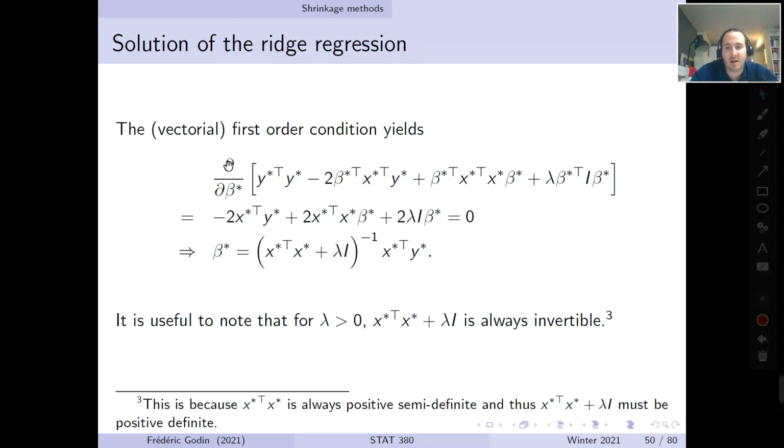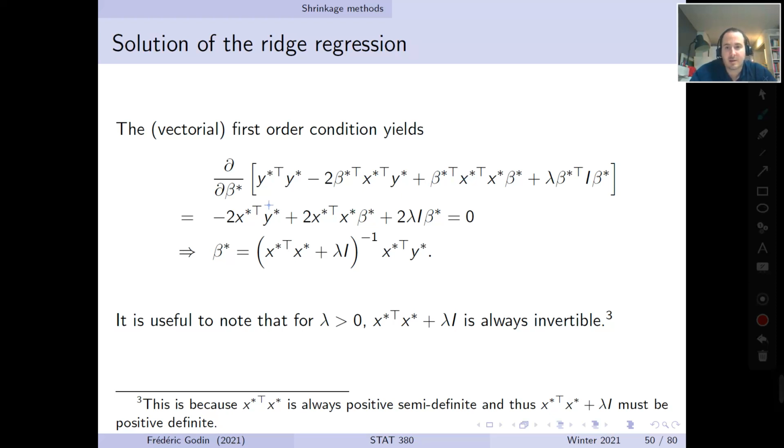And this derivative should be equal to 0, but not a scalar 0, but instead a vector of 0s, which means that derivatives with respect to all elements of beta star should be equal to 0.